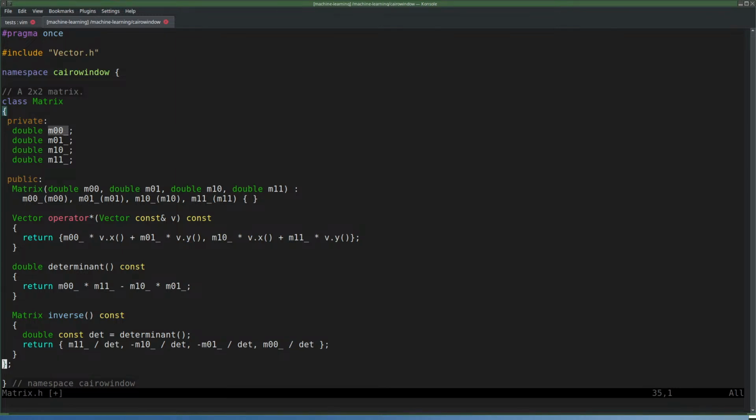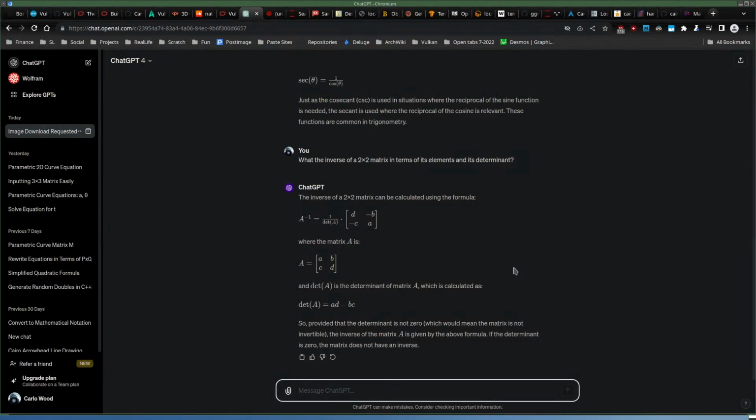So a way to quickly check it: I can just multiply this with that. If you multiply this column with that one, you get AD minus BC, which is the determinant, and then divided by the determinant is 1, so you get a 1 here.